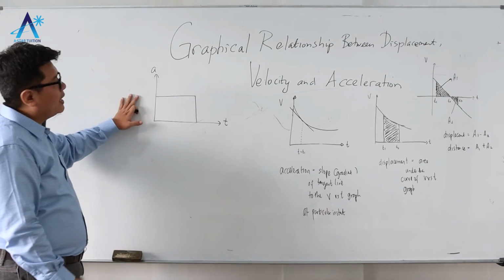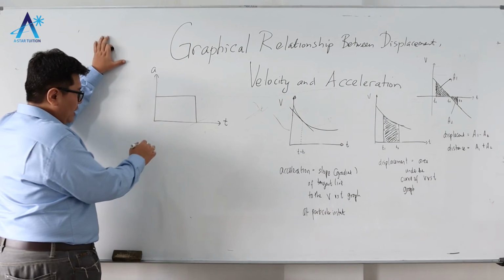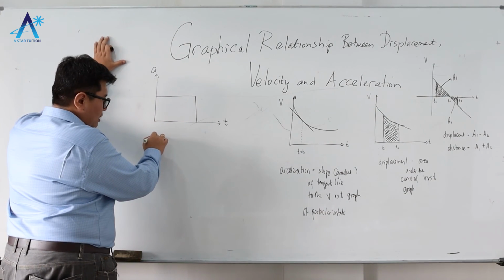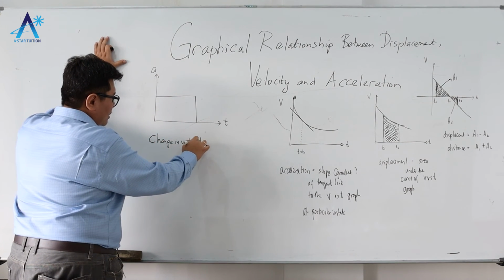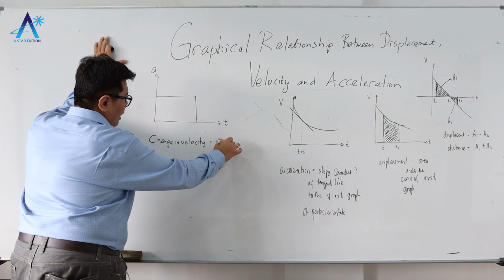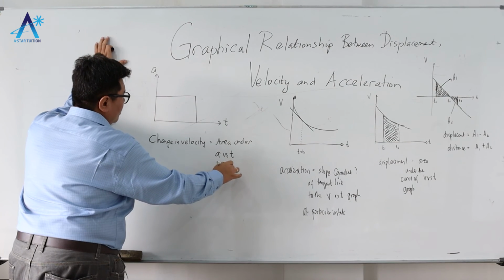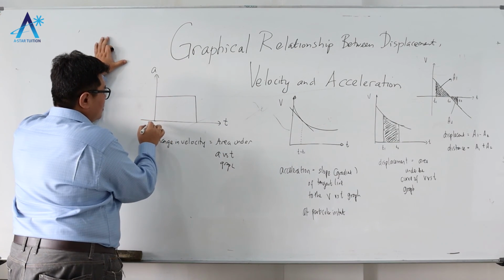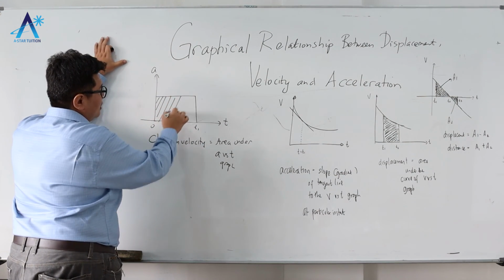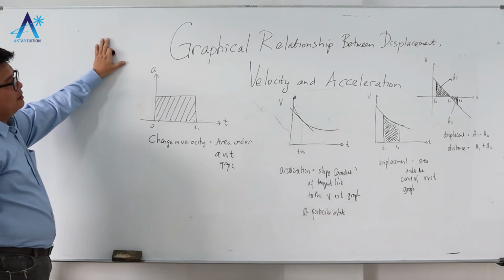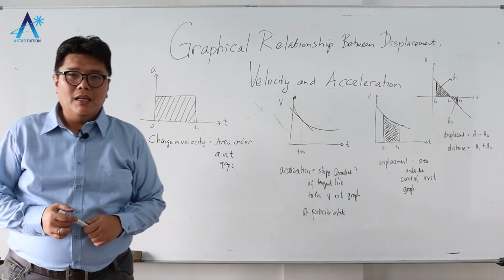If you calculate the area on the graph, it gives you the change in velocity. So the change in velocity is equal to the area under the acceleration function of time graph. Let's say it starts from 0 and ends at some point t1. Then this area gives you the change in velocity.